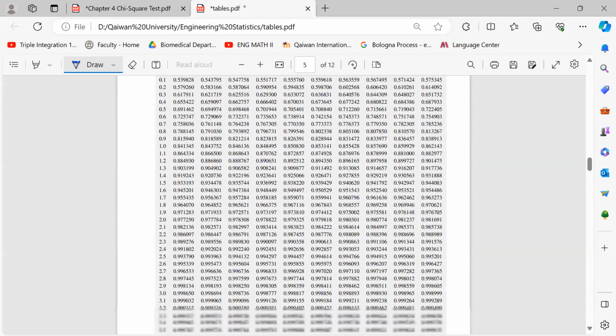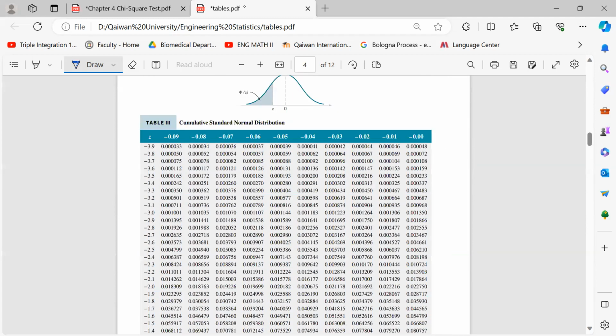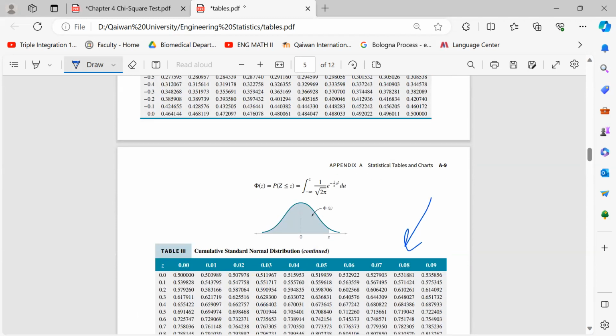These two tables belong to the normal distribution. This one is for the negative values of Z, and this one for positive values of Z. But these all are for what? It's the probability of Z being less than an amount. It must be less than. What if it is greater? Then it's 1 minus that amount less than. We do this.